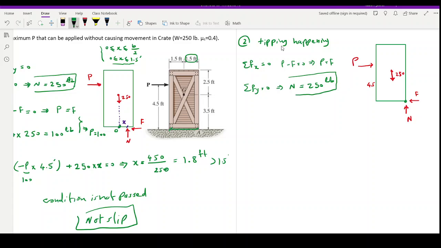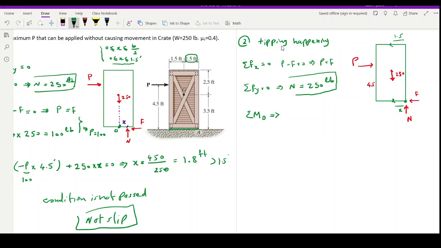So we calculated one of the unknowns. Let's this time take moment because we know the distance, we know x. x is 1.5 because it's in the middle. So this is 1.5.